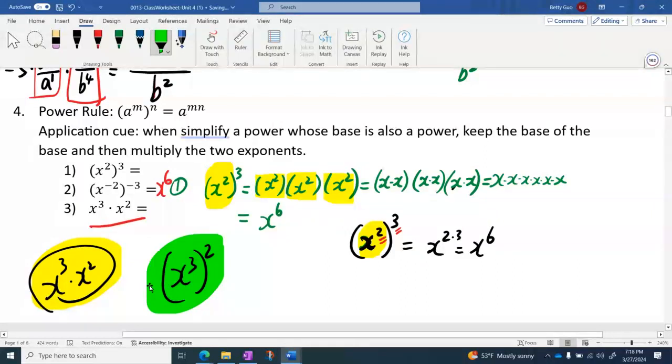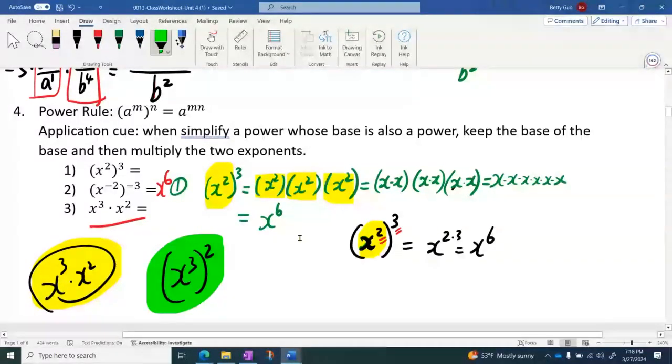So they have different structures, so different rules apply. We use the product rule for the yellow. When we use the product rule, we add the exponents. 3 plus 2, 5. The green one, we use the power rule. When we use the power rule, we multiply the two exponents.